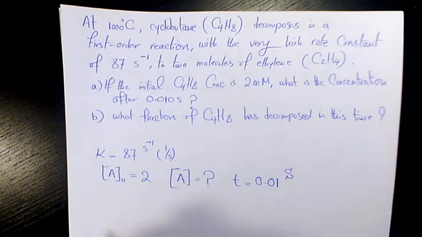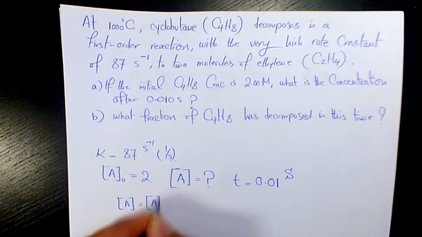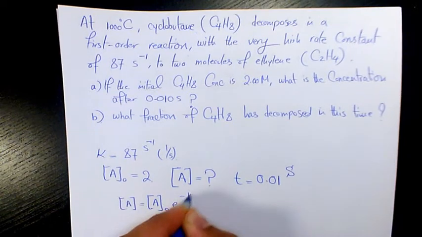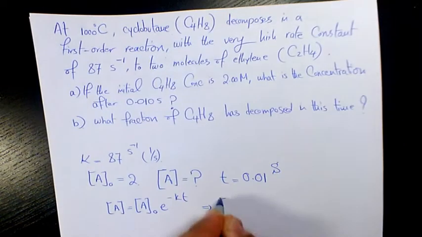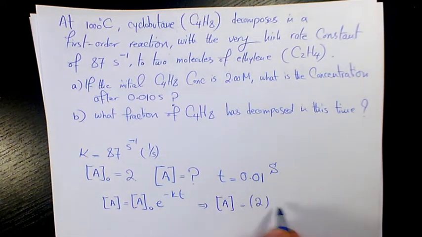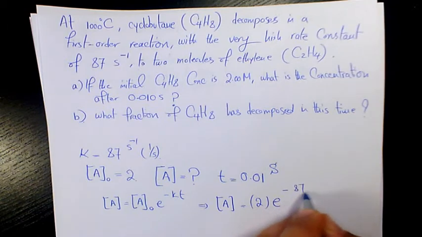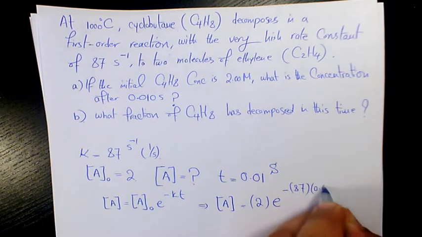So what is going to be the final concentration when time is 0.01 second? So we use the same formula. A equals A naught times e to the power of negative kt, which means that A equals A naught, the initial concentration given as 2, times e to the power of negative 87 times 0.01.